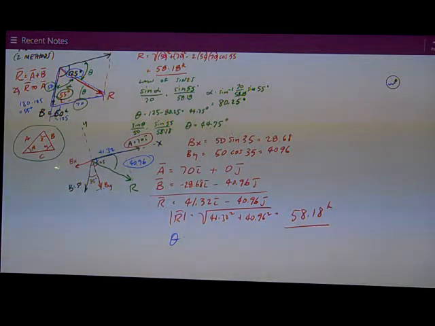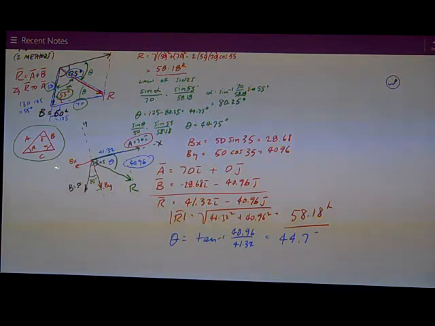So theta is equal to the tangent, and theta is this angle that I'm shooting for. It's the tangent inverse, which is opposite over adjacent, 40.96 divided by 41.32. And once again, I get that exact angle, 44.75 degrees. One problem, two different solutions.